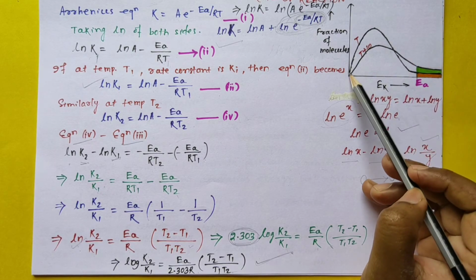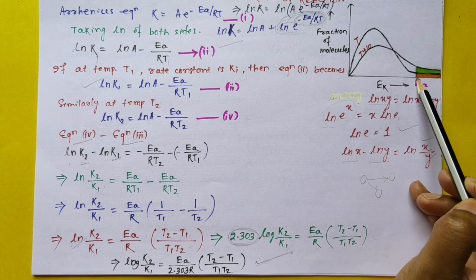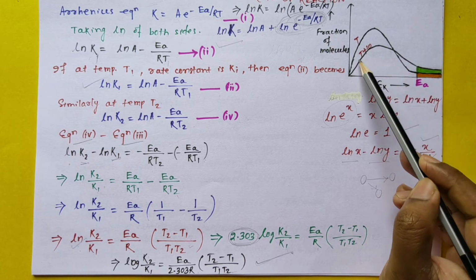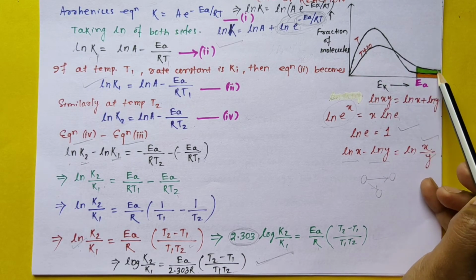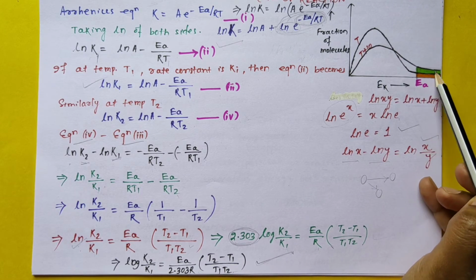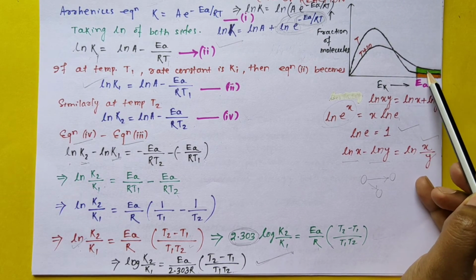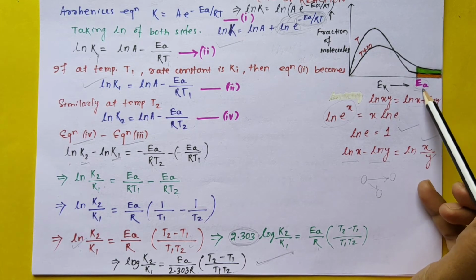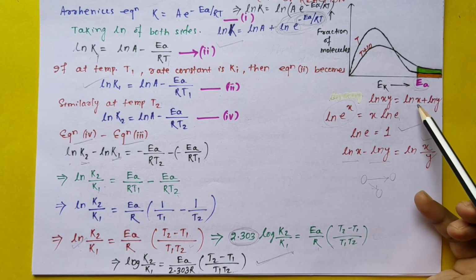So you observe right now the first curve, the area under the curve more than activation energy is this much, but at T plus 10 Kelvin the area under the curve is this much. That means here you can find the area under the curve having more energy than activation energy is more.